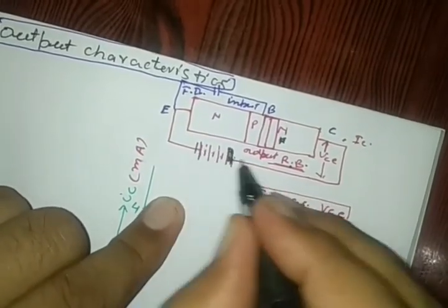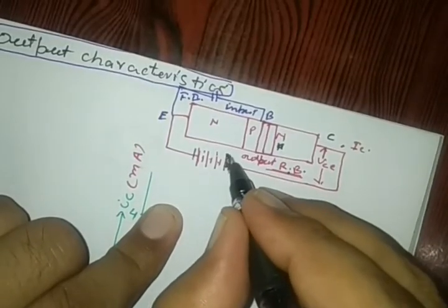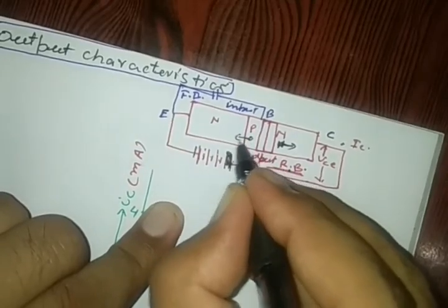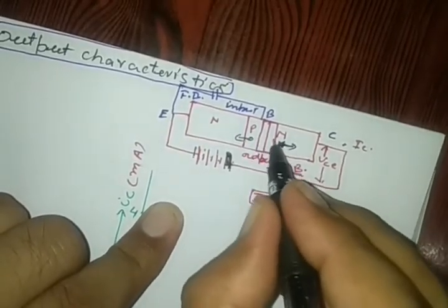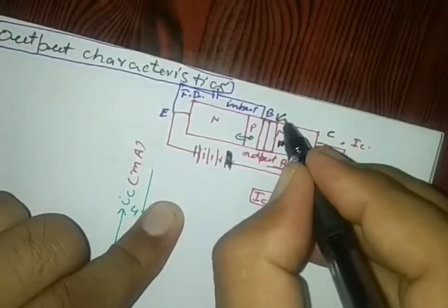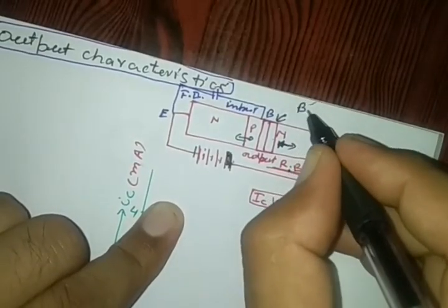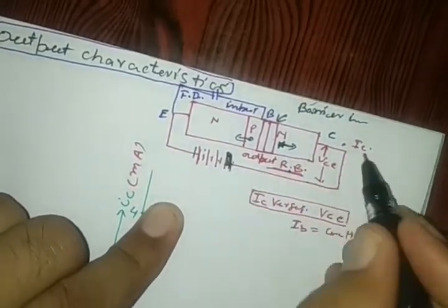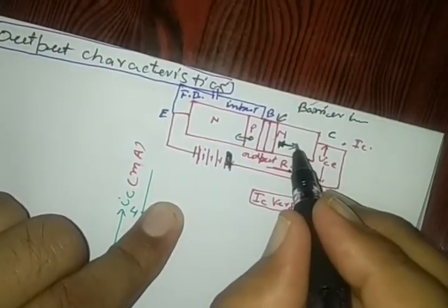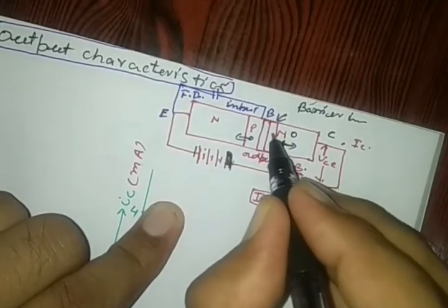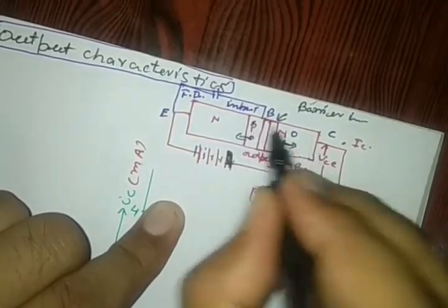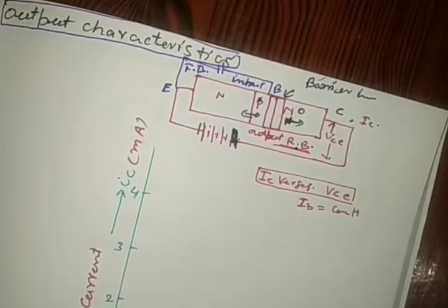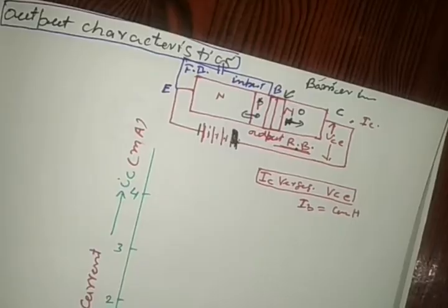The electrons are attracted to this side and the holes to this side, so the potential barrier region increases and current cannot pass. So what passes here? The minority charge carriers, hole and electron. They pass and make the current through the base. Then the circuit becomes complete, right?